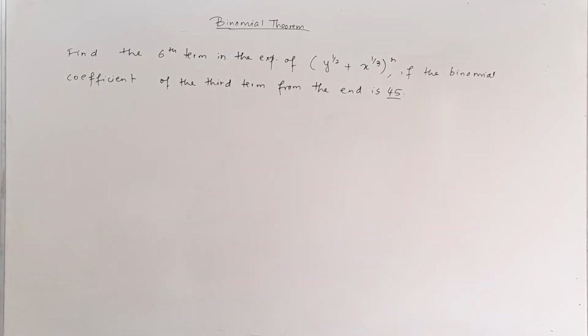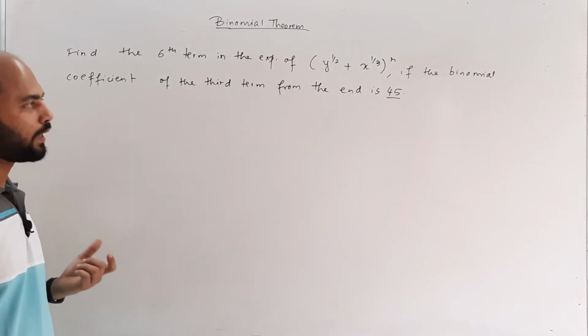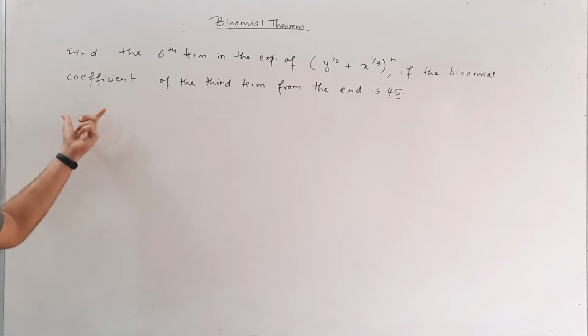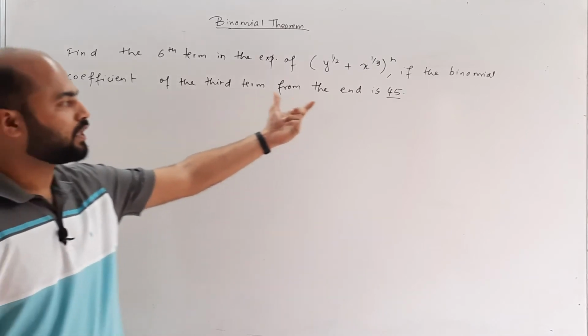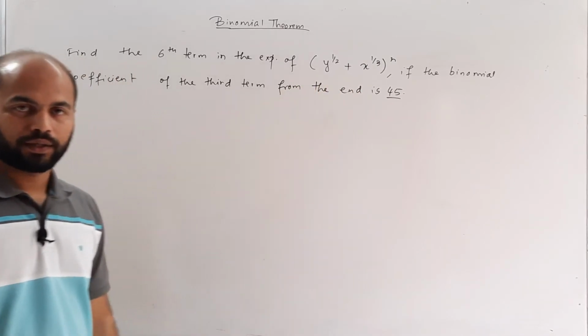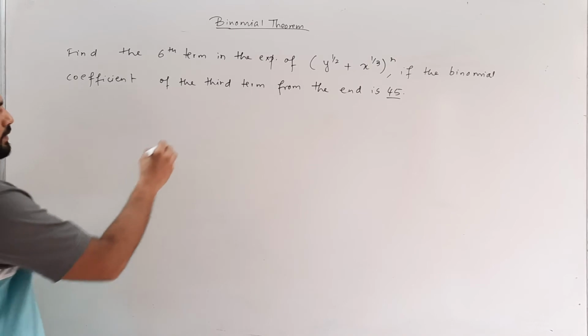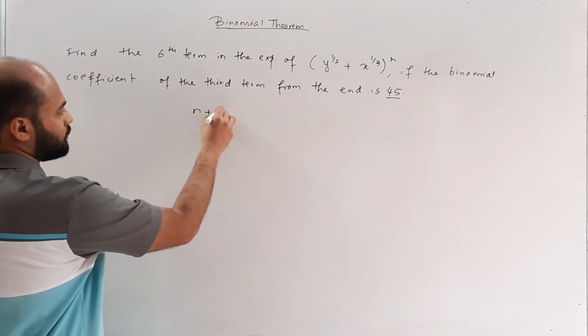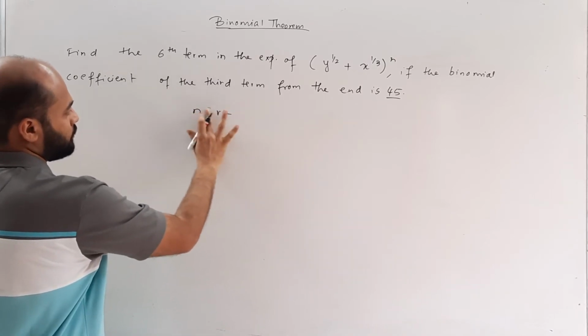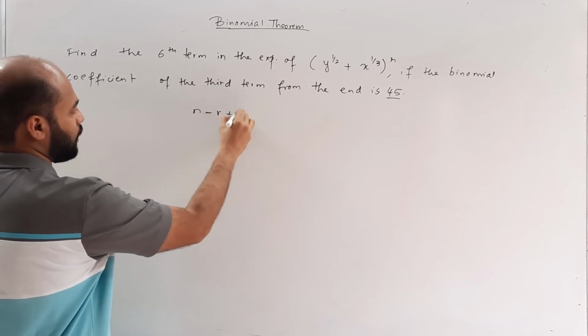So here we have another problem which states that we have to find the sixth term in the expansion of y raised to 1 by 2 plus x raised to 1 by 3, raised to n, if the binomial coefficient of the third term from the end is 45. Now binomial coefficient of the third term from the end, so what we are talking about is n minus r plus 2.